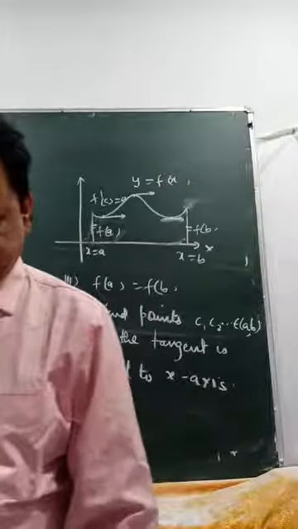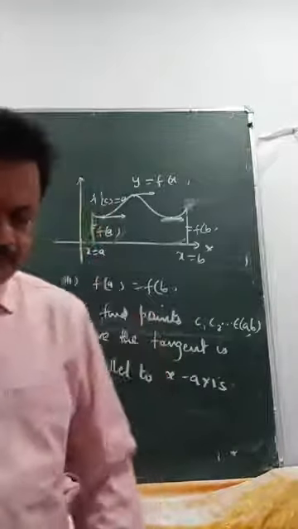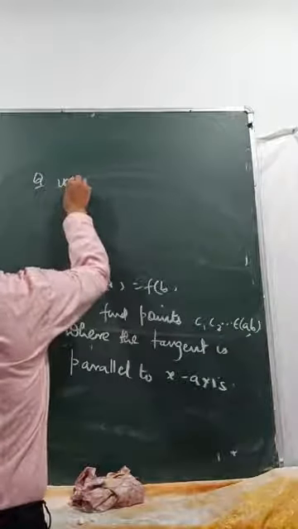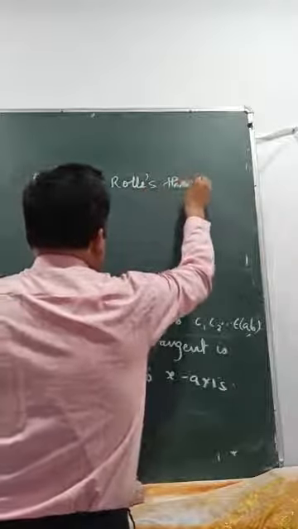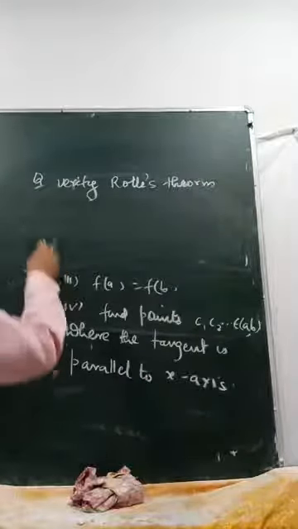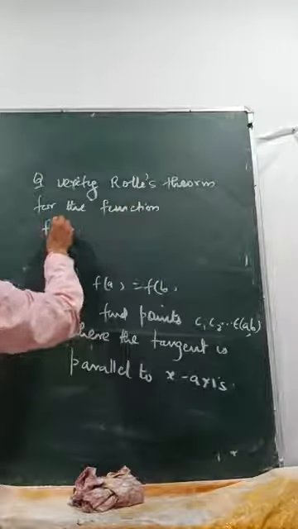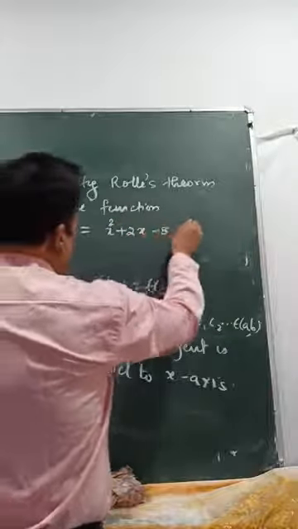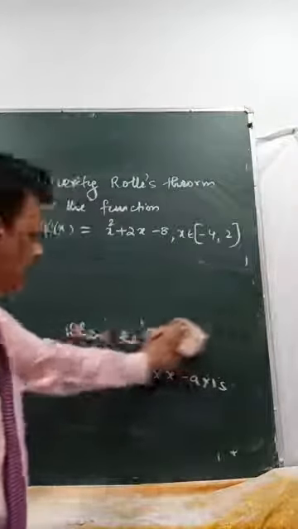Suppose we have a question here. Verify Rolle's theorem for the function f(x) equals x square plus 2x minus 8, where x belongs to [minus 4, 2]. 3 points we have to discuss here.